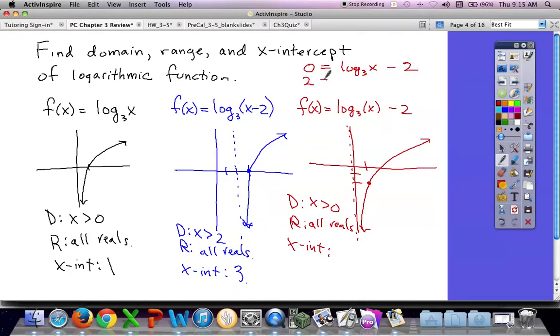So 2 equals log base 3 of x. And then convert to an exponential. 3 squared is x. So x equals 9. Doesn't look like it, but it's 9.